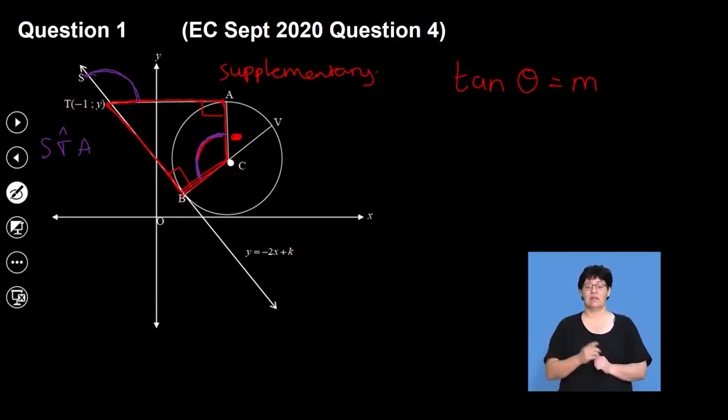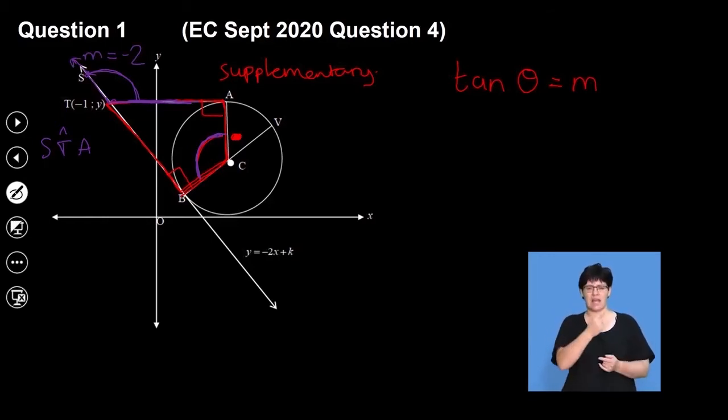Luckily, this angle happens to lie between the positive x-axis, or I should say a line that is parallel to the positive x-axis, and this line over here. I know that the gradient is equal to minus 2.